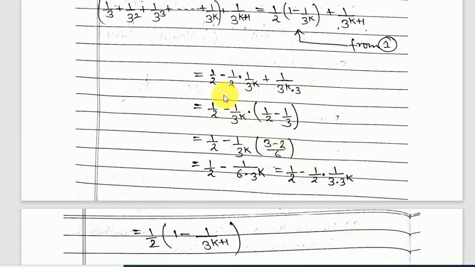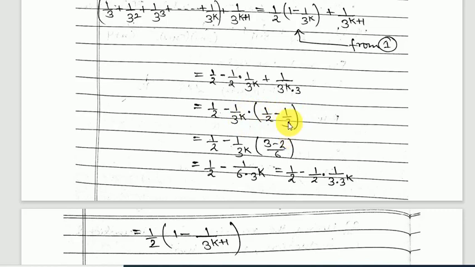So here I have got half before the bracket, so I'm opening the bracket, so I got half minus half into 1 by 3 to the power k plus this 1 upon 3 to the power k plus 1, which can be written as 1 upon 3 to the power k into 3 to the power 1. So now in these two terms, 1 by 3 to the power k is common, so half minus 1 upon 3 to the power k common comes out into half minus 1 by 3.